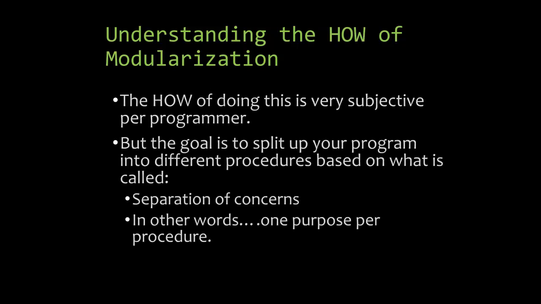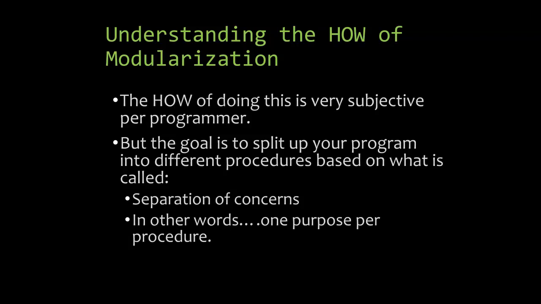How do we do this? The how of doing this is very subjective per programmer. What I mean by that is there's no exact one way on how we break up our programs. It's really up to you as a programmer, and maybe your peers could help you with how you split up your program. We'll talk about this. But the goal is to split your program up into different procedures based on what is called separation of concerns.